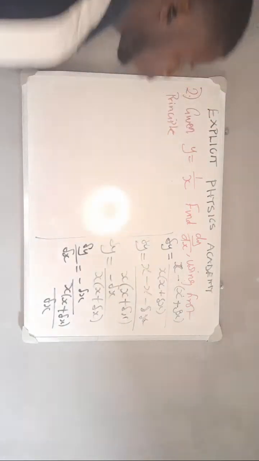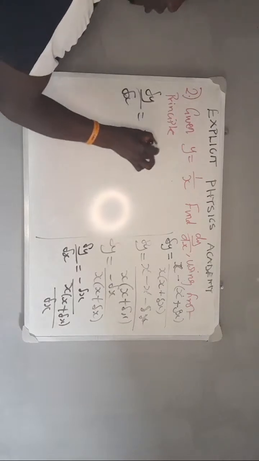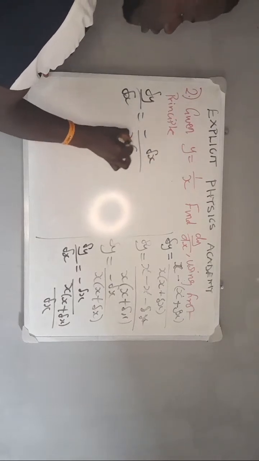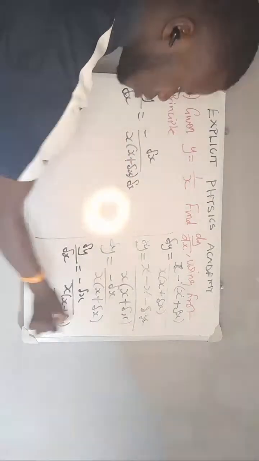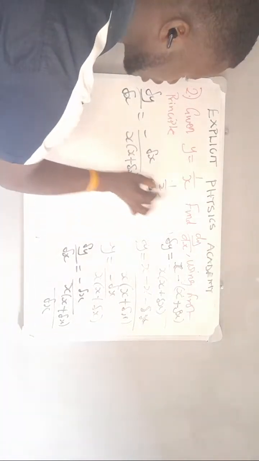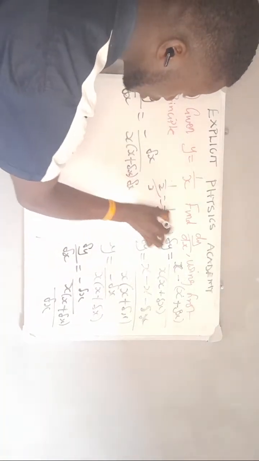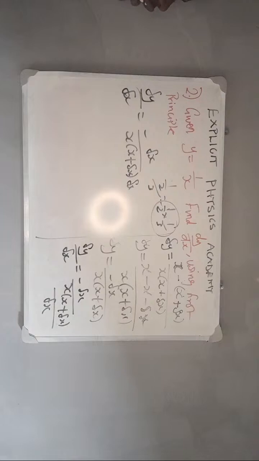So from here we are going to have del y over del x equal to minus del x plus the normal indices. Of course, when we have 1 over 2, 1 over 3, it will be equal to 1 over 2 times 1 over 3. That's what you get. That one we just applied here, and we've gotten to our answer.